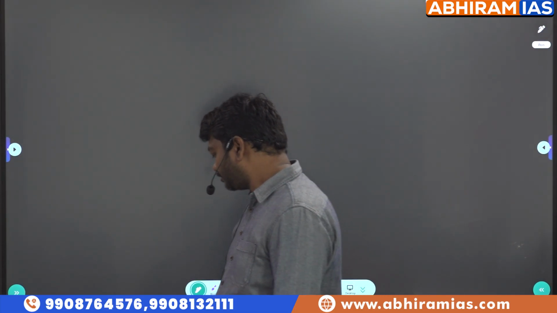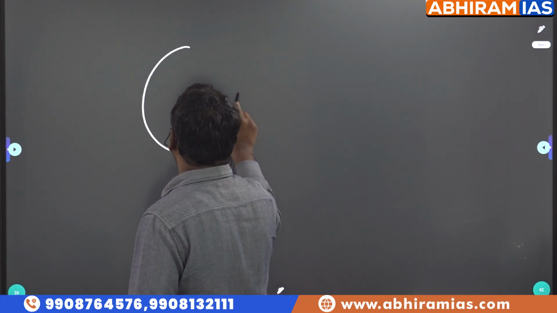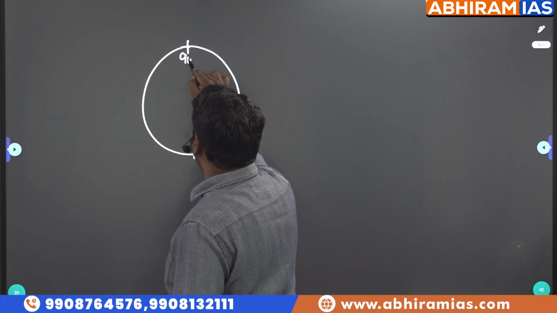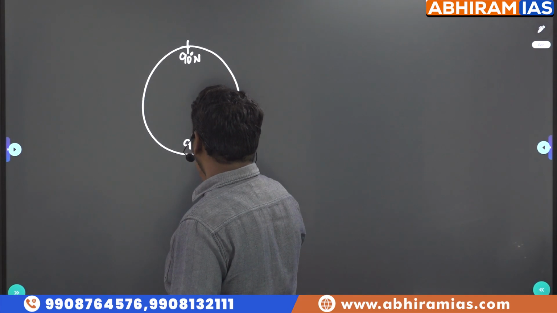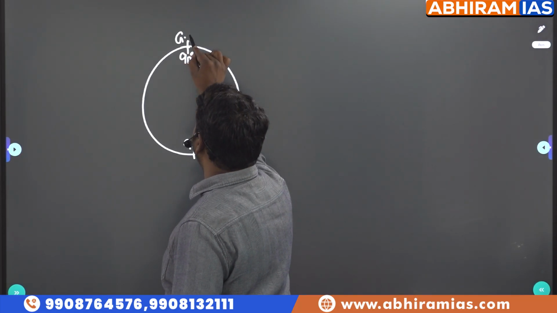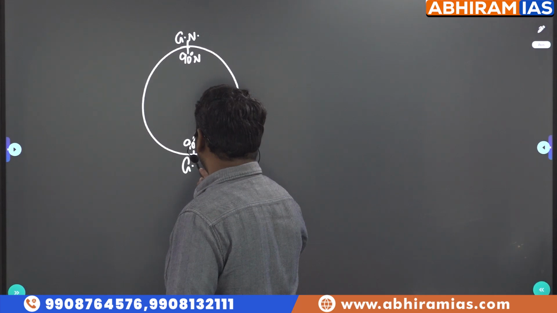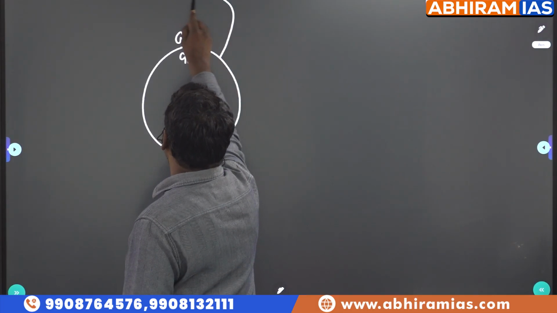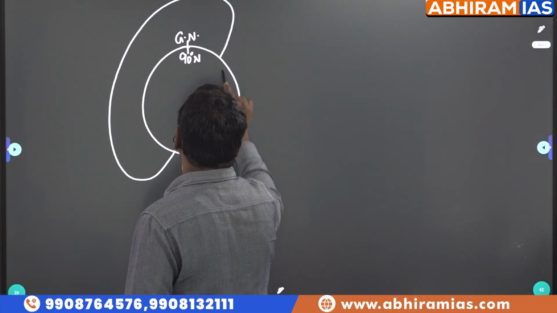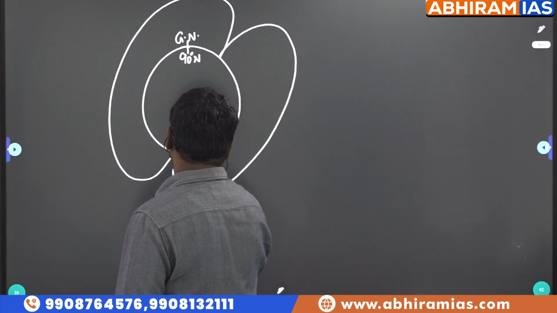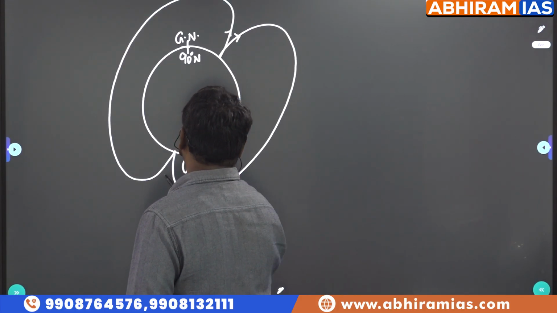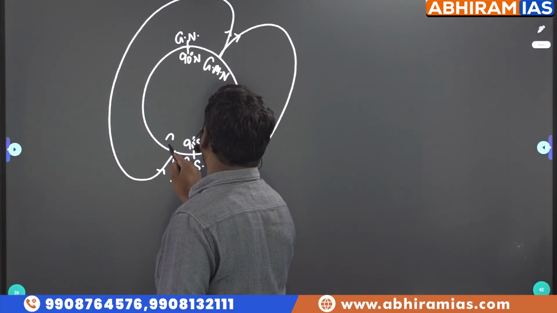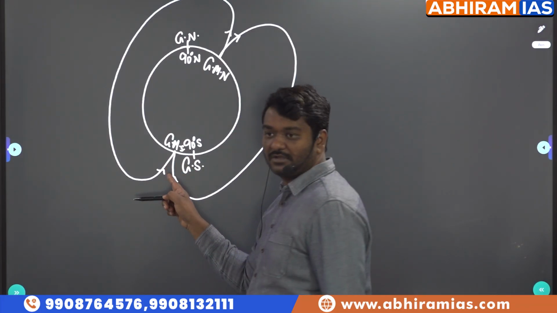Last. See here. If we take Earth, 90 degrees north, 90 degrees south. This is called geographic north, geographic south. Geomagnetic north, magnetic south.